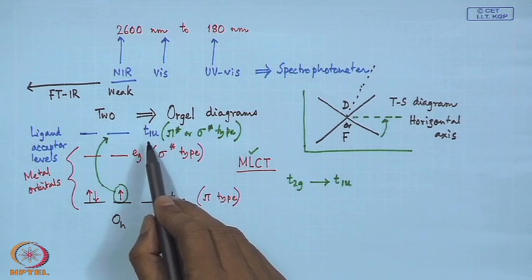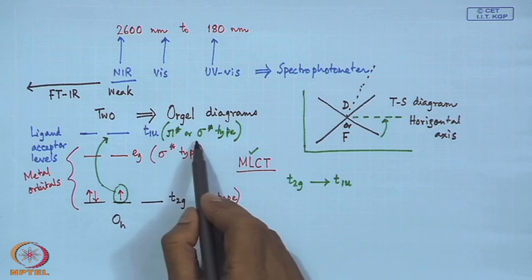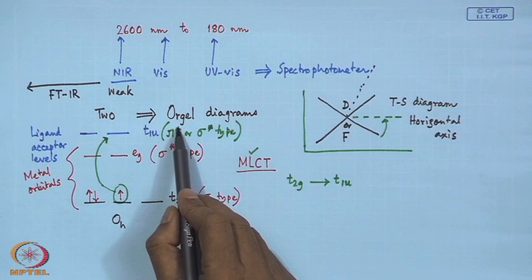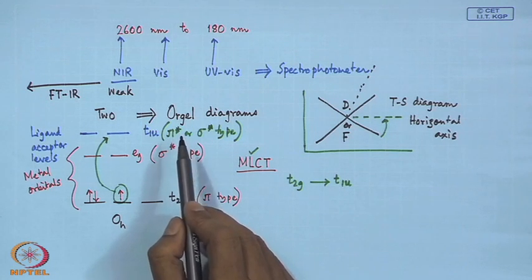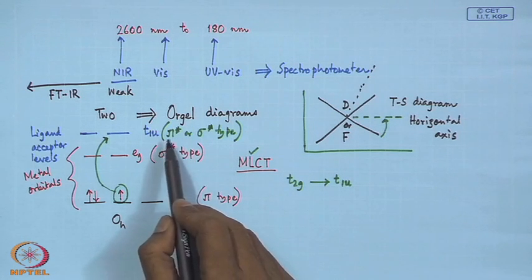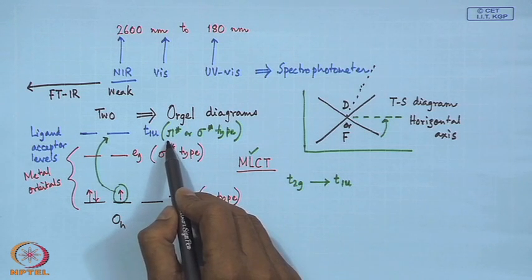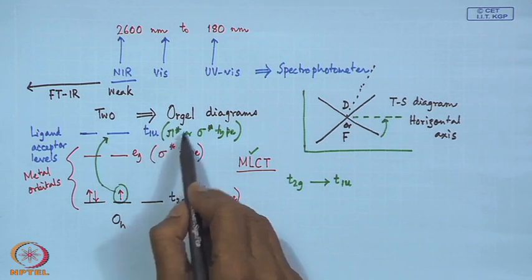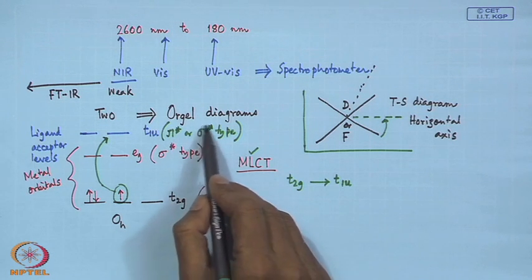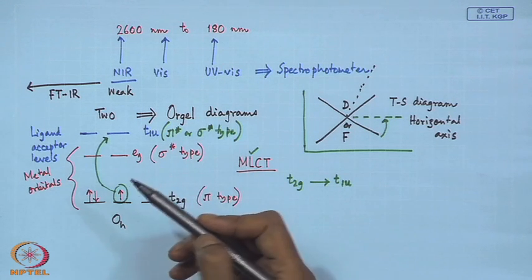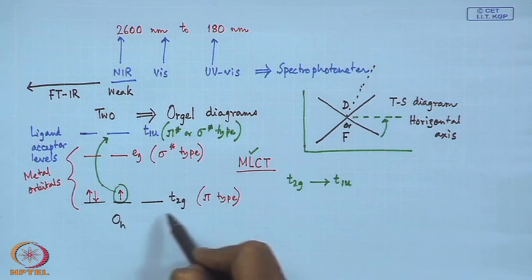If they are directly facing the metal orbitals, they will be of sigma type, and if they are in between, they are of pi type. We will discuss in our next class whether a pi acceptor ligand or a sigma donor ligand having a sigma star orbital available can accept the electron density from this T2g level.